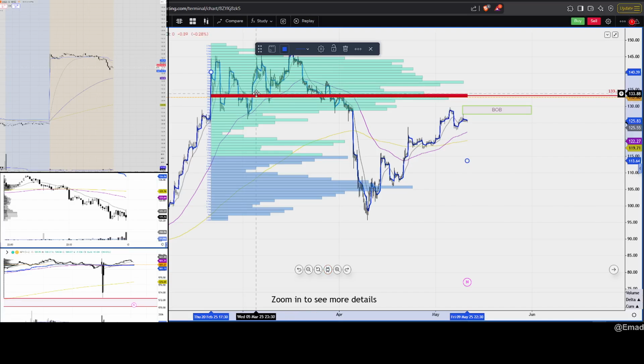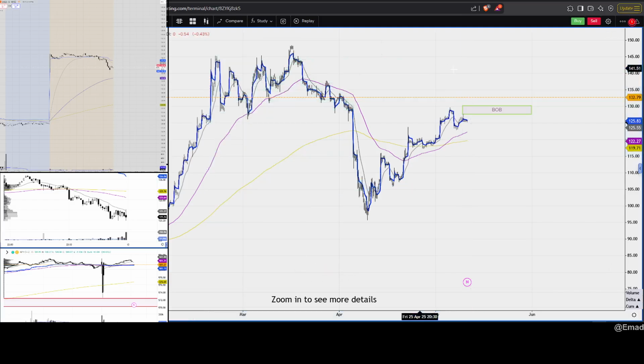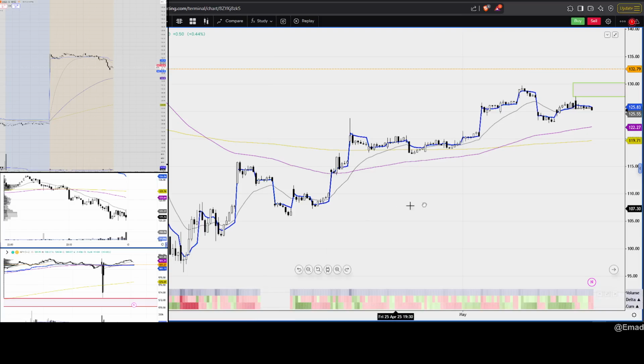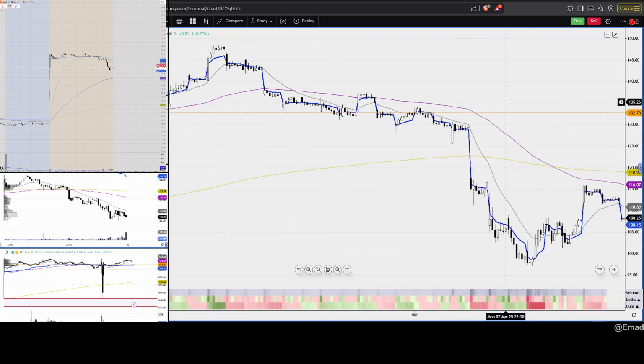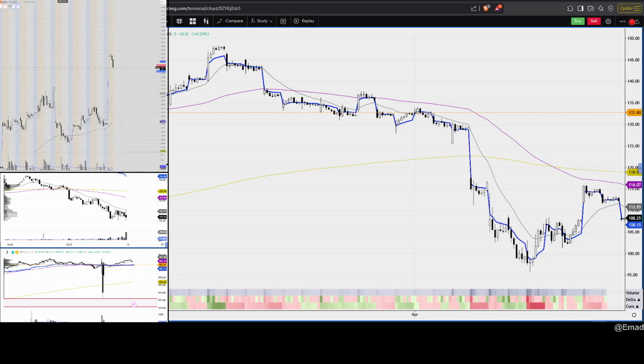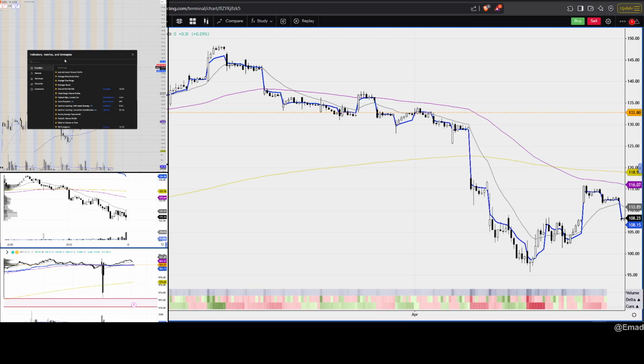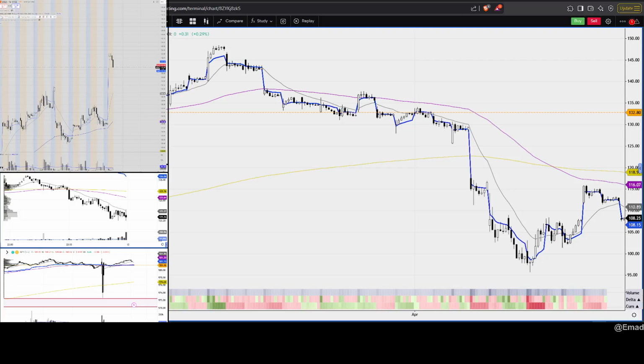Lot of volume being done at this level. Are there long wicks at this level? Yeah, sure. I mean, let's see what the SR channel is saying. Let's use second opinion. SR channel.